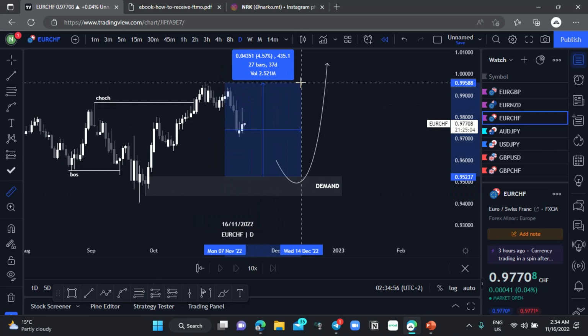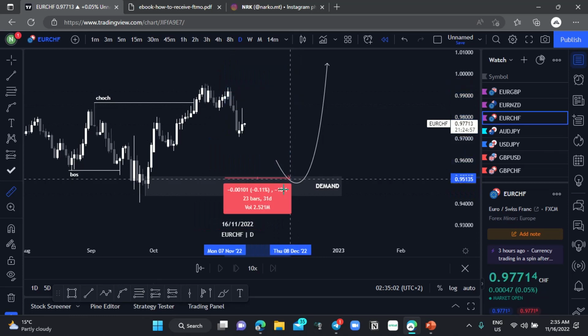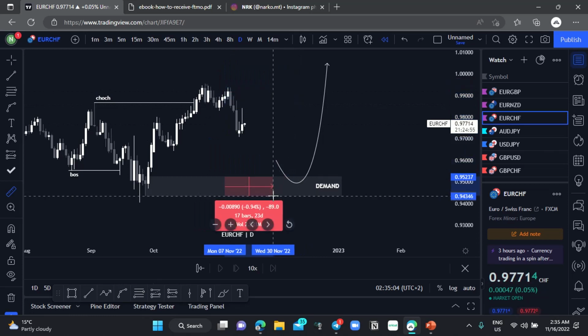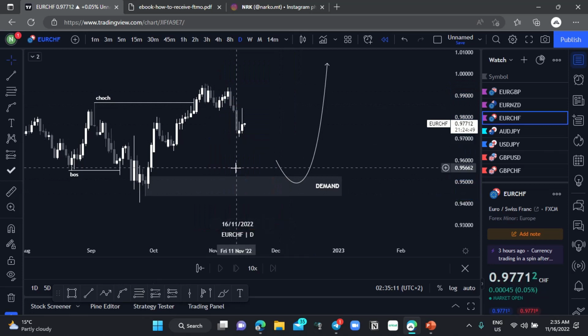That's around a 1:4 trade, but risking around 80 pips on a trade is a lot. So it's advisable that you look for confirmation entries within the demand zone.